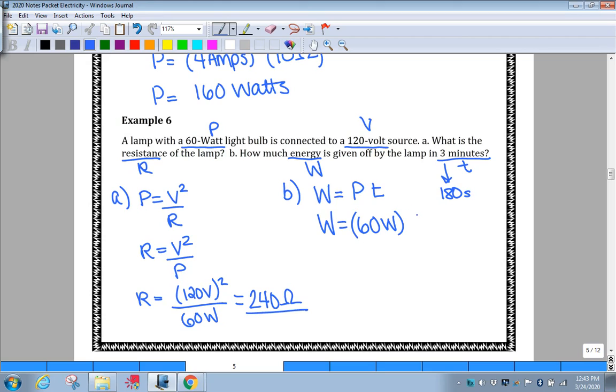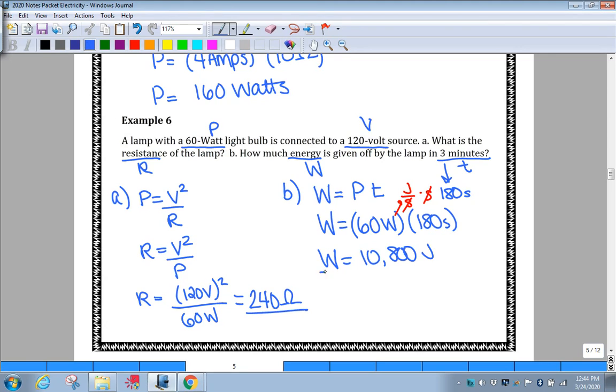We're not using the answer that we found in the previous part of the question, so you have to be careful. So we're going to do 60 times 180, and we get for our energy usage 10,800 joules. And just remember, a watt is equivalent to a joule per second. We're multiplying that by seconds, so seconds cancel, leaving you with joules.